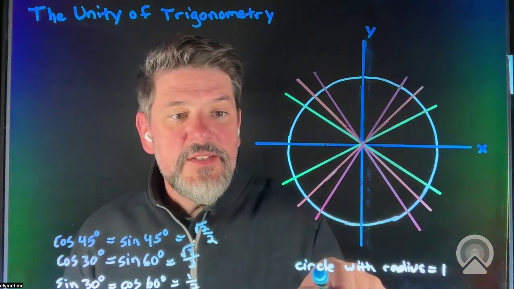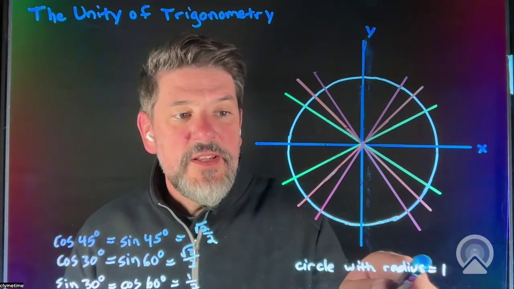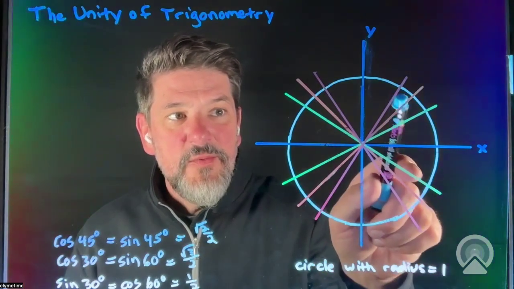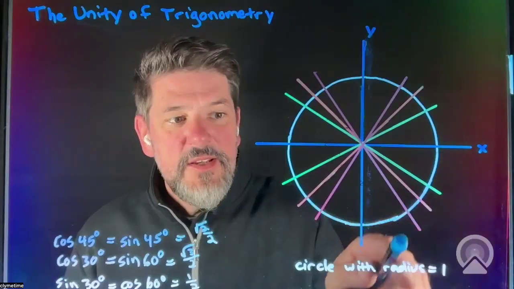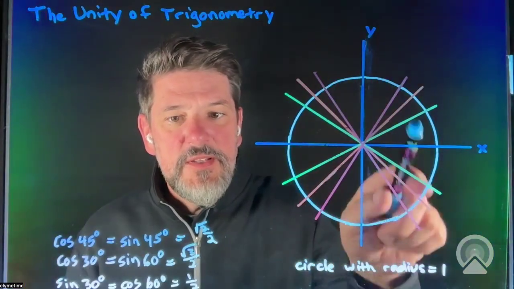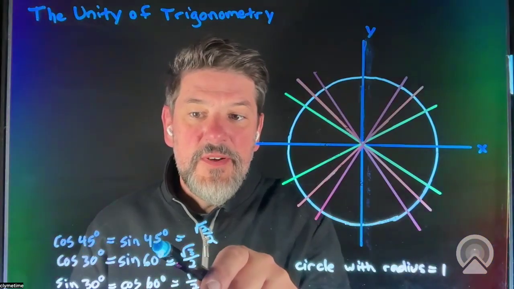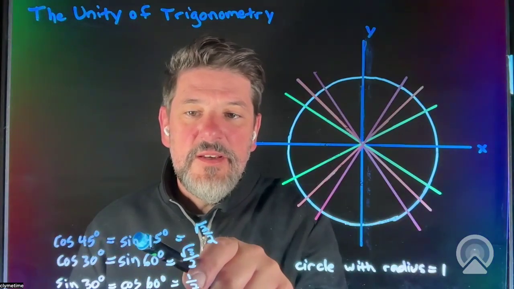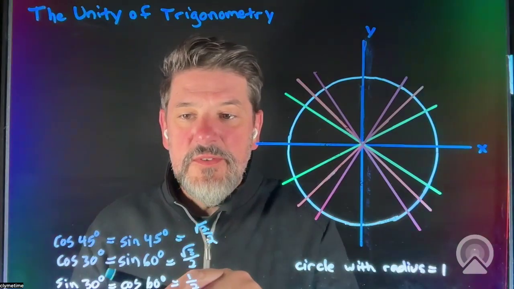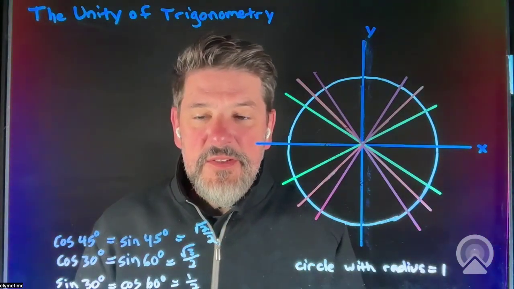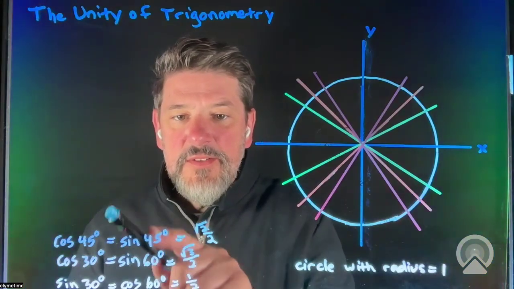It's called the unit circle because it is a circle with radius 1, so the radius is 1 unit. And then what we talked about is why the sine and cosine of 45 are both equal to square root 2 over 2. That's the ratio of sides when there is a 45-degree angle in a right triangle.